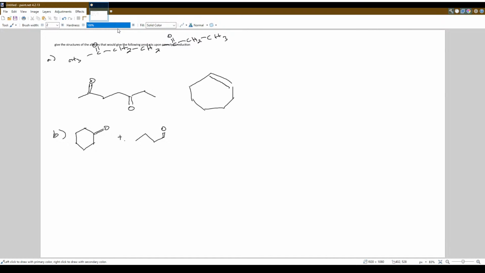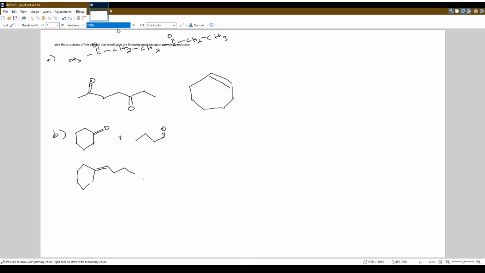Okay, so if we reconstruct it, it must be something like this. 1, 2, 3, 4. 2.